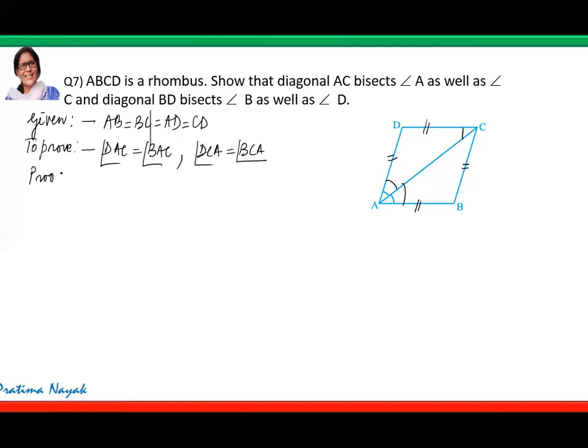Proof. Now, AB is equal to BC. So in triangle ABC, when two sides are equal, two angles are equal. What are the angles? Angle BAC is equal to BCA.